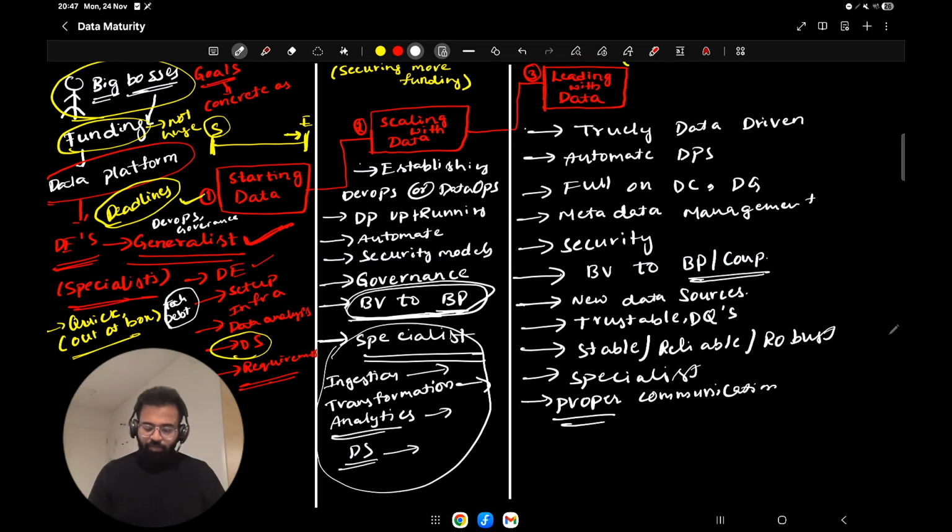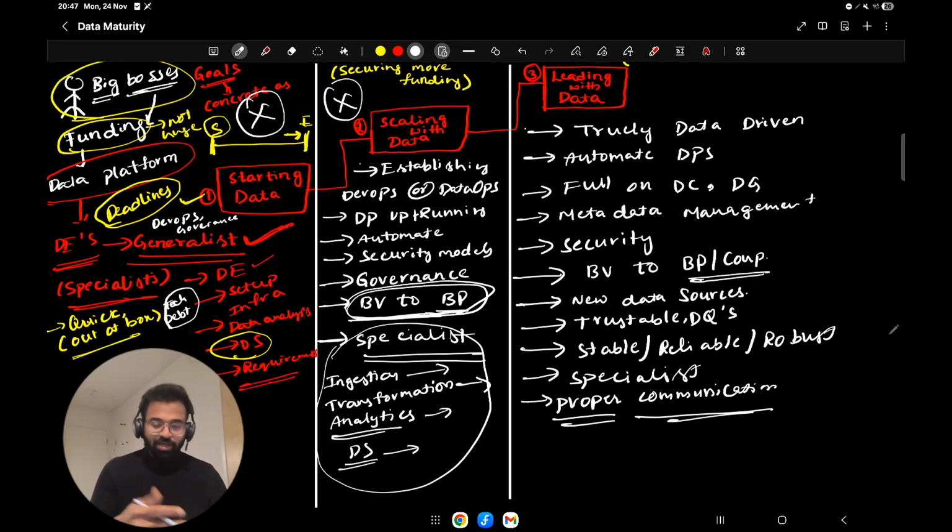So this is the most ideal phase. But many of the projects will fall off in phase one or phase two, or get stuck in phase two. The final phase is the awesome phase.